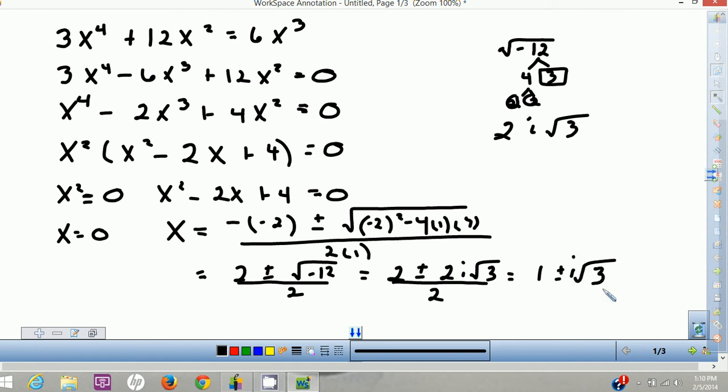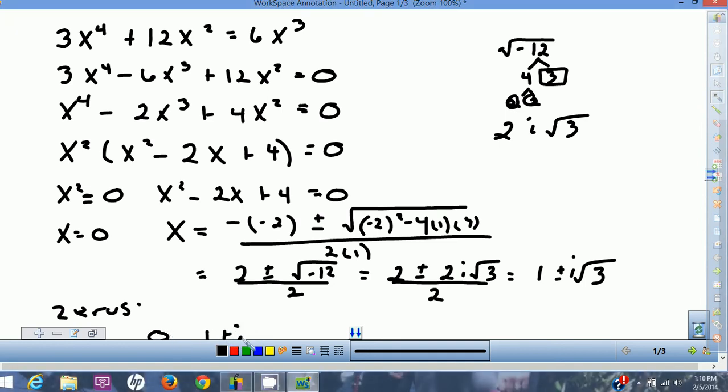So what are the solutions at this point? What are the zeros? What are the roots of my polynomial? The zeros of my polynomial here are 0, 1 plus i square root of 3.